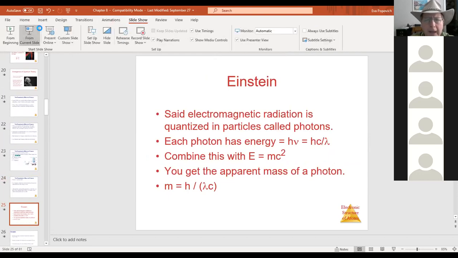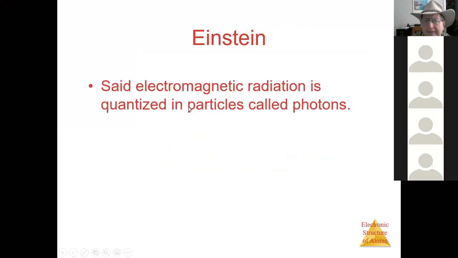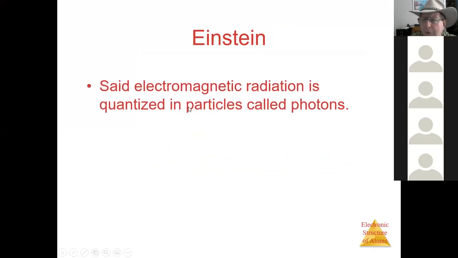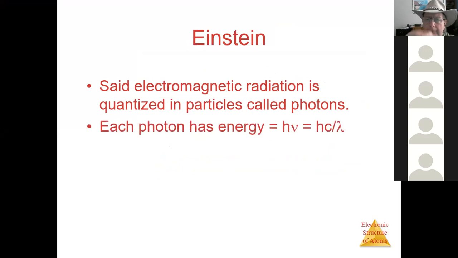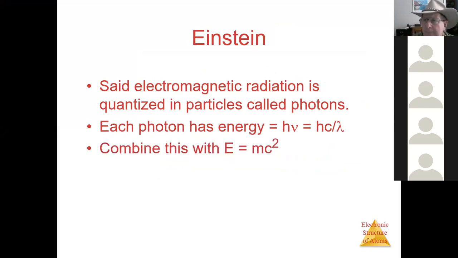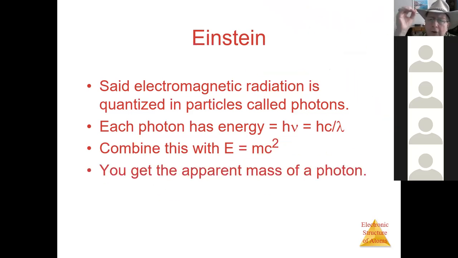Eventually he figured out what the mass of a photon was. He knew that the energy was equal to h nu, or hc over lambda, and he also knew that the energy was mc squared. If he substituted mc squared into Planck's equation, you can get the mass of a photon, equal to h over lambda c.